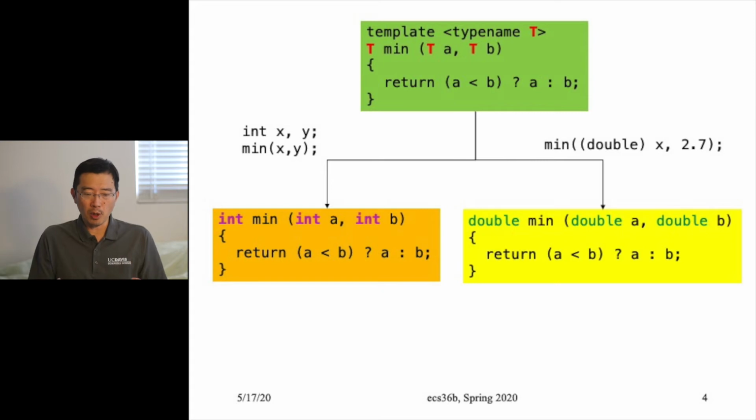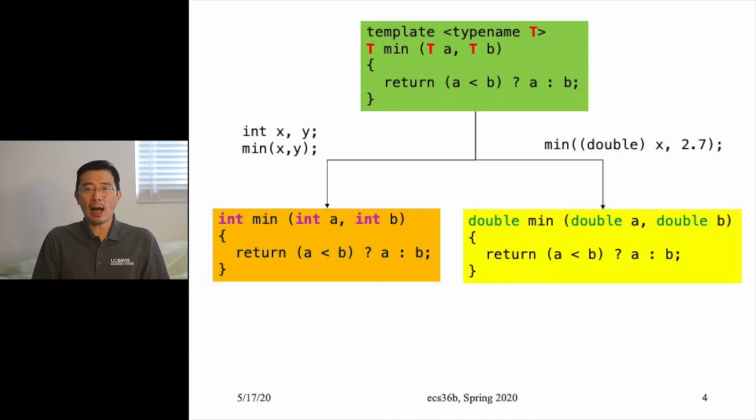So the compiler will see this and see that, okay, x, y are both integers, and the compiler happens to know already you have a template defined, and therefore the compiler will link this call min x comma y to the instantiation of the template to come up with an equivalent of the function on the left.